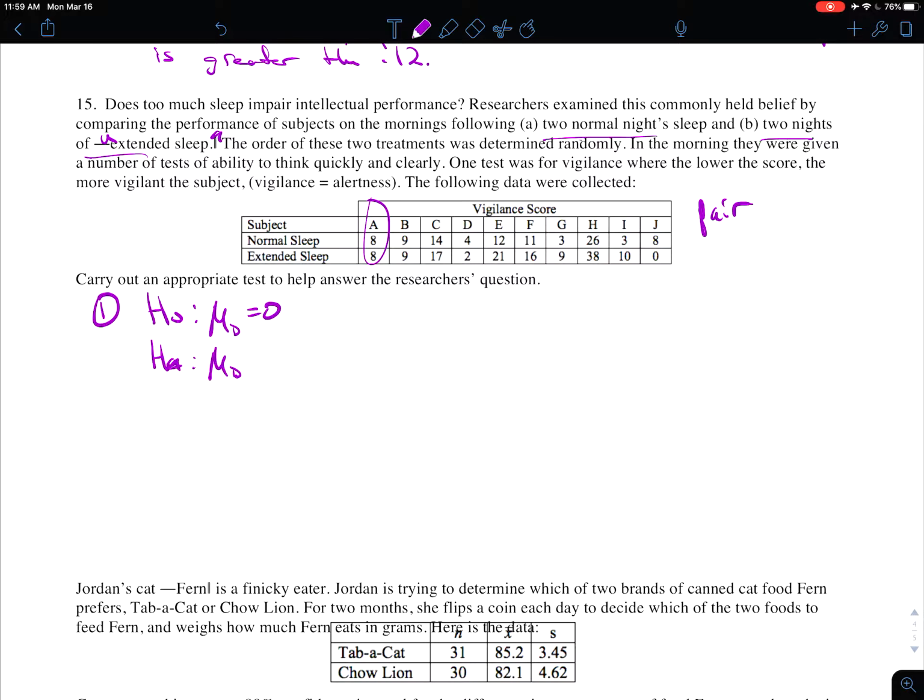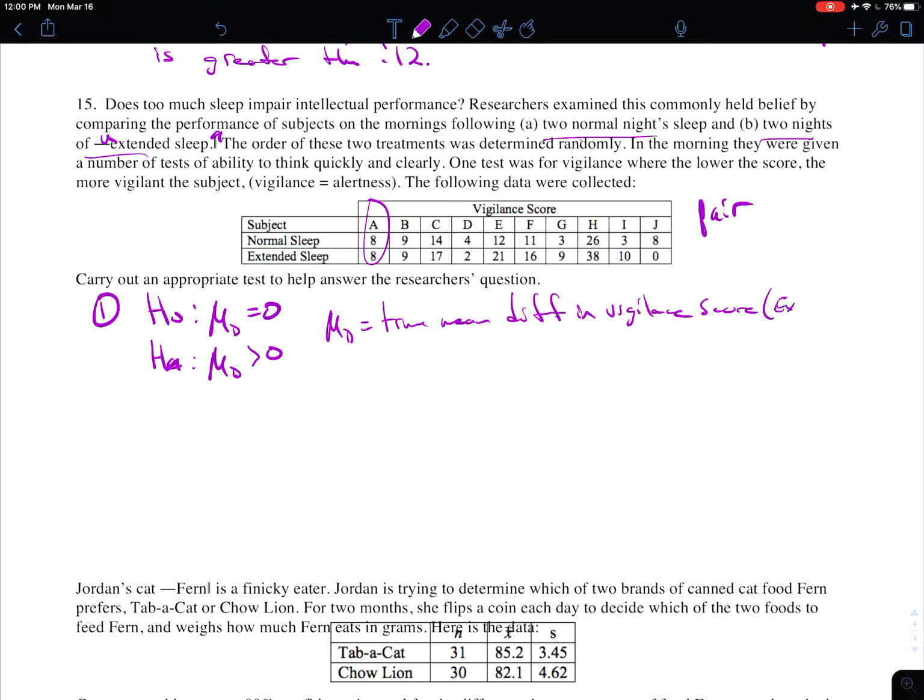So extended minus normal would be a positive test. So mu sub d equals the true mean difference in vigilance score.